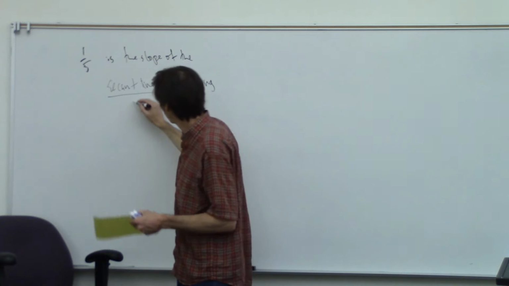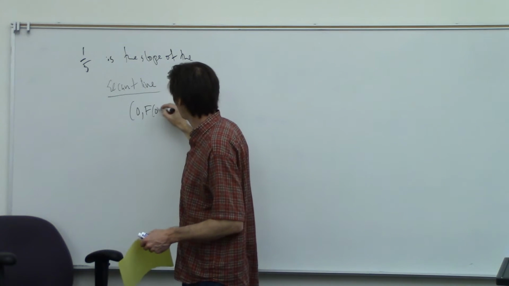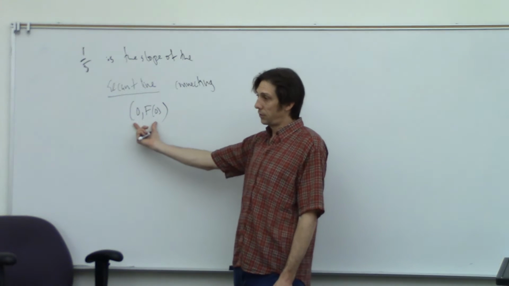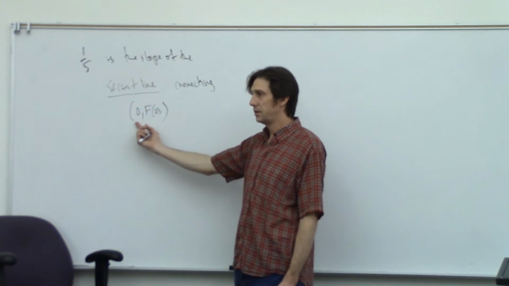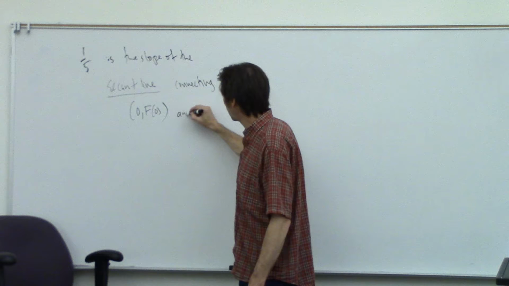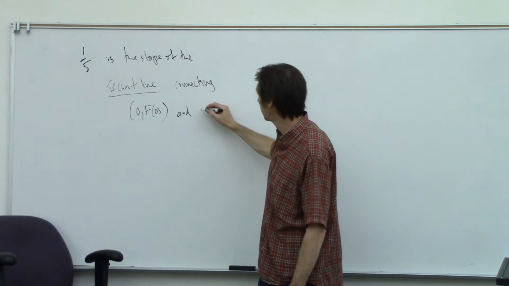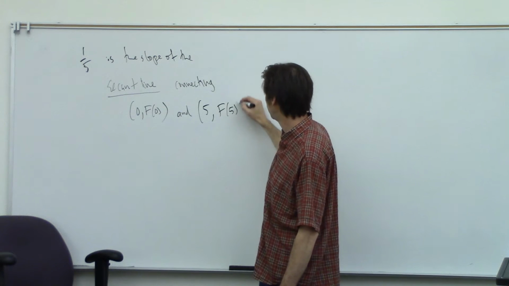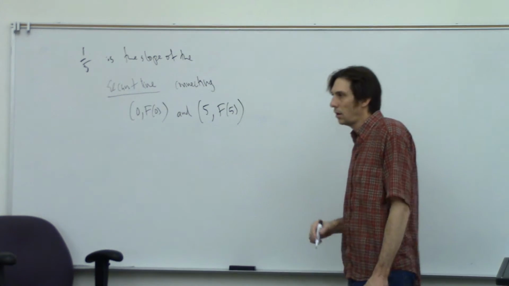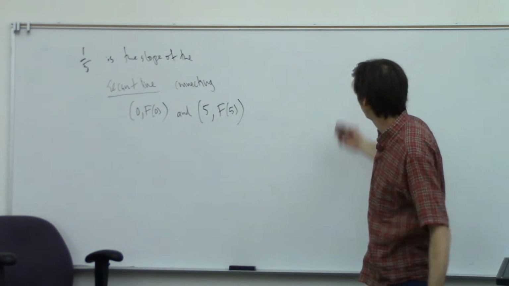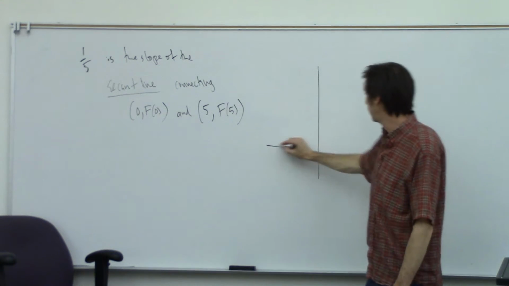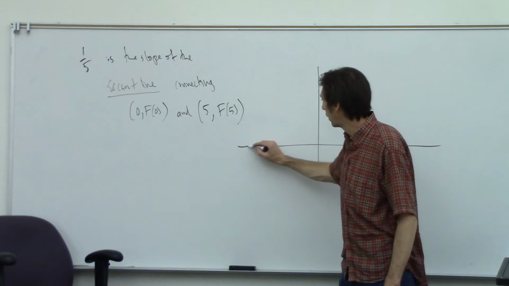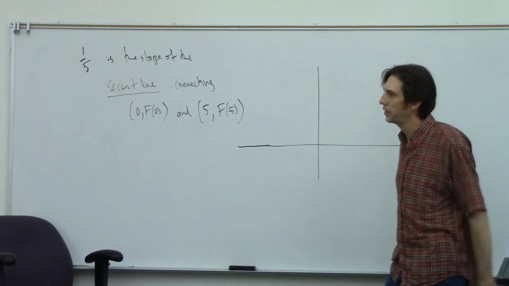In this case, connecting 0, f of 0, which is the coordinate of the point on the graph where t is 0, and the other point, 5, comma, f of 5. I'll make a quick sketch of this, just to highlight what the secant line is and where that 1/5 is coming in geometrically.